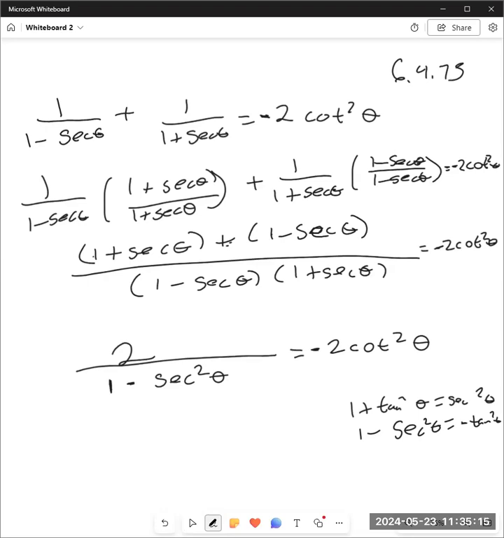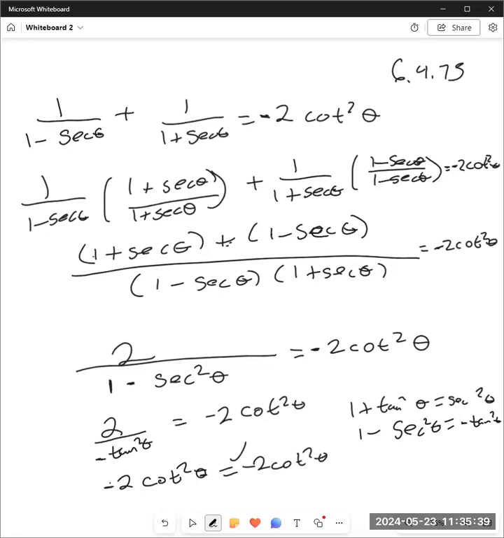So we're going to have 2 over 1 minus secant squared, which is a negative tangent squared theta. So this is the same as negative 2 over tangent squared, which is a negative 2 cotangent squared. And that's a reciprocal identity that lets us do that.